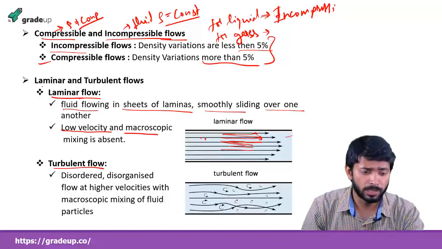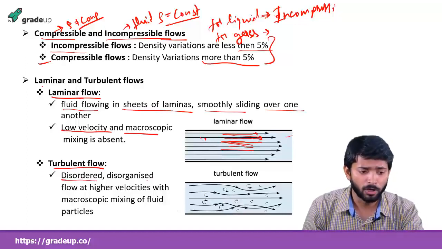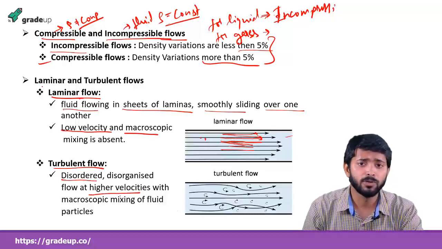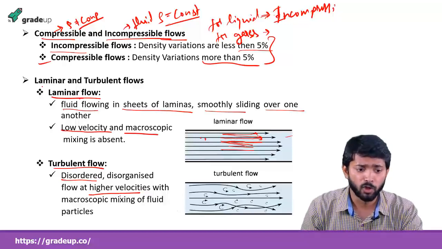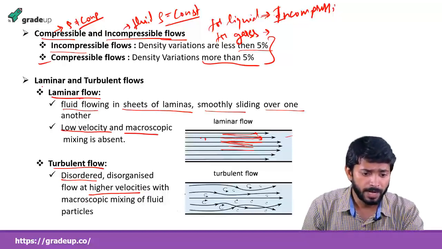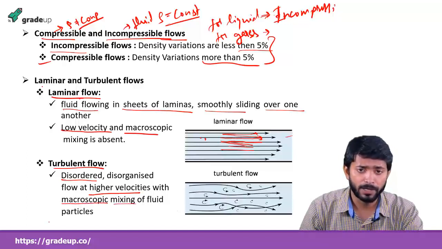But if we talk about turbulent flow, it is a highly disordered, disorganized flow at higher velocities. At higher velocities, turbulent flow dominates. Also, here macroscopic mixing of fluid elements and fluid particles is present. You can see from the diagram, there is no fixed pattern, unlike in laminar flow.